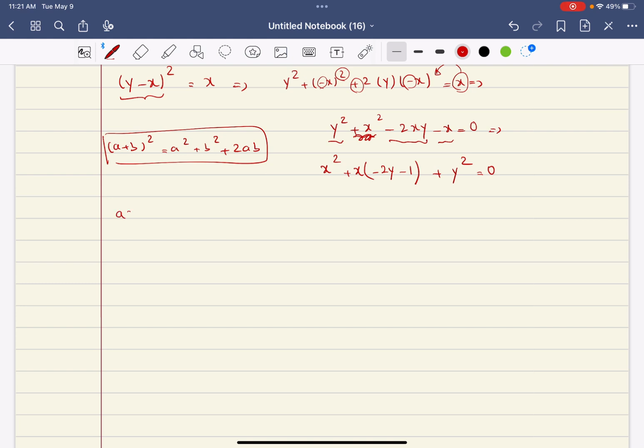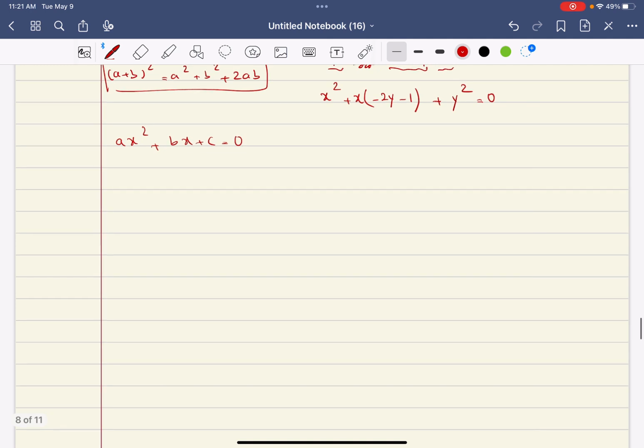So if you remember quadratic equations, when we get to something like this, to find the roots, we have to be like x is equal to negative b plus minus root b squared minus 4ac over 2a.